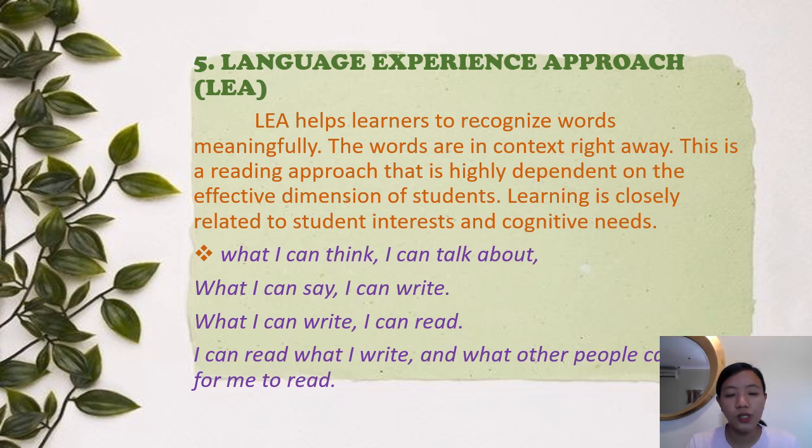In this approach, the teacher adopts methods that attempt to integrate listening, reading, and writing skills development with the already existing language of the child. LEA is designed to capitalize on listening and language skills the learner has already acquired. It emphasizes the relationship among thought, oral language, and written language.